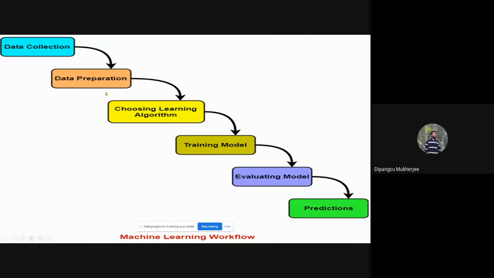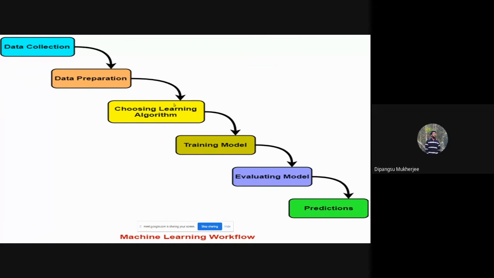After preparing the data, we will have to choose the learning algorithm. What is the learning algorithm? I have just told you that there are many learning algorithms. Either it will be a regression problem statement, or a clustering problem statement, or a classification problem statement.